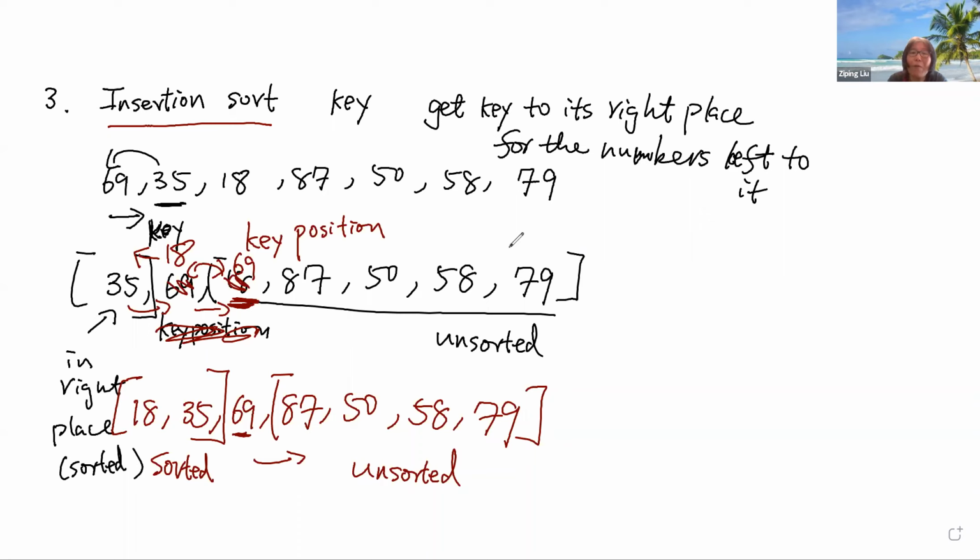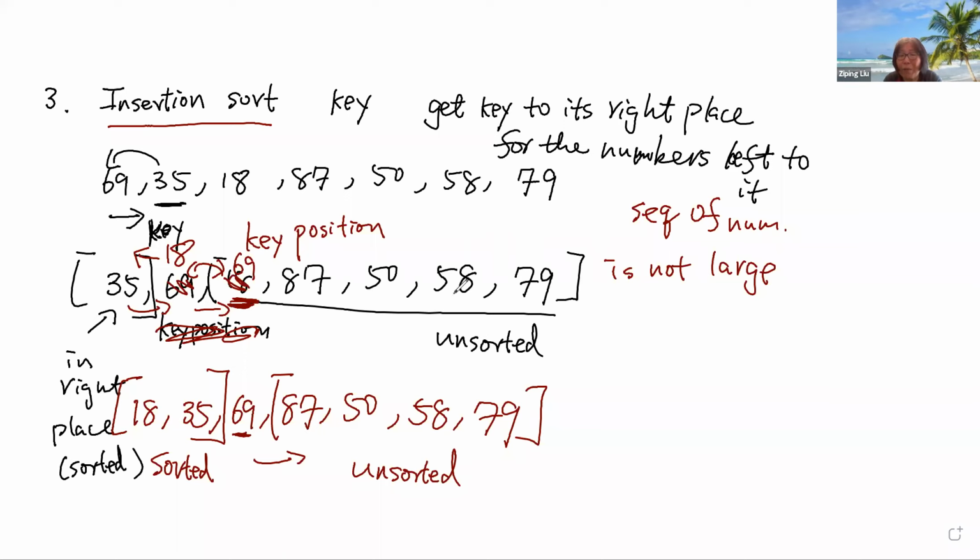If the sequence of numbers is not large, this slowness doesn't matter a lot.